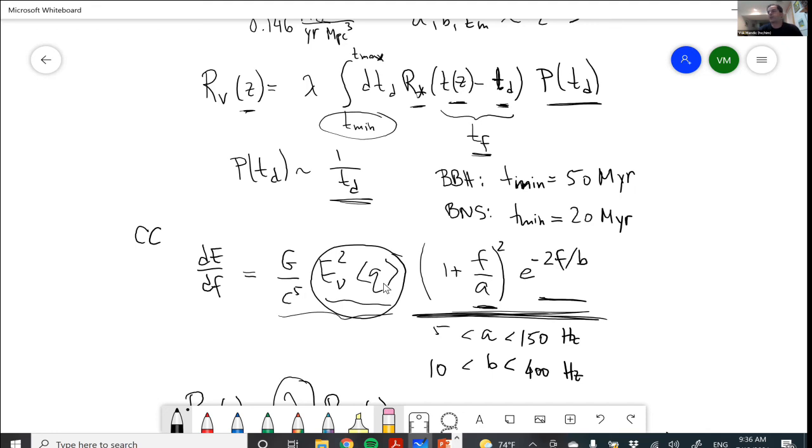If we're dealing with the core collapse or with the magnetars, there are significant uncertainties there. So if you really push the model, so if you assume that the magnetic field, for example, in the magnetars is very high, then you can get a stochastic background that is stronger than what you would get from the compact binaries.